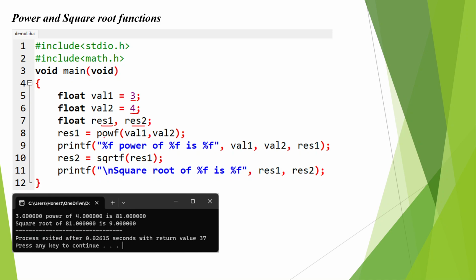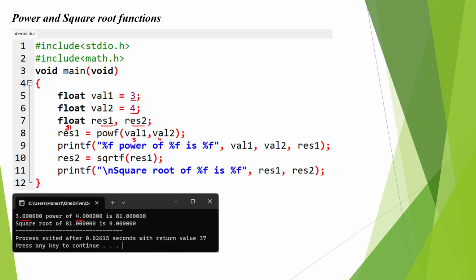In result 1, I will calculate the power of value 1, value 2. Here I am supplying 3 and here 4, and we know the result is 81. As you can see here, we got 3 power 4, printed with percent f, and we are passing value 1, value 2, and the result.